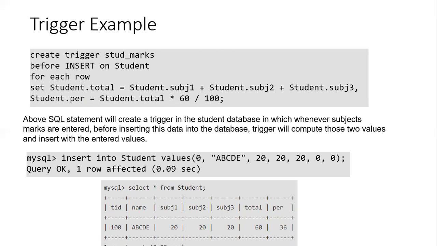So in this trigger, I have written code that sets student.total equal to student.subject1 plus student.subject2 plus student.subject3. Here subject1, subject2 and subject3 are the different attributes of the relation student.